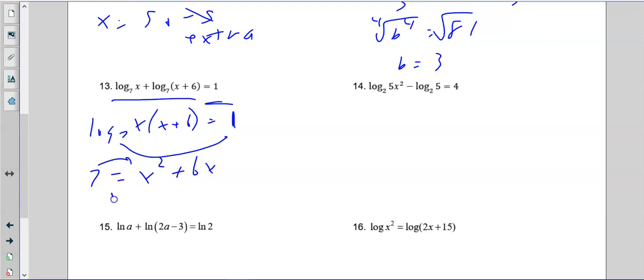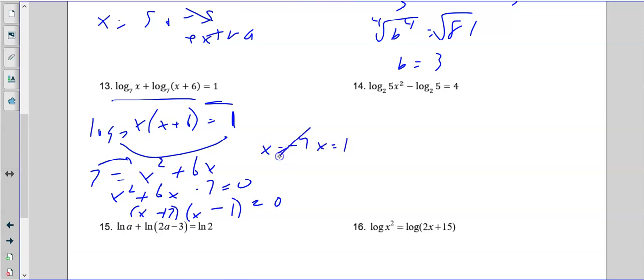We need to move this over. X squared plus 6x minus 7 equals 0. The only way to get 7 is 7 and 1. We want more positives than negatives. So that gives us x equals negative 7 and x equals 1, but negative 7 is extraneous.